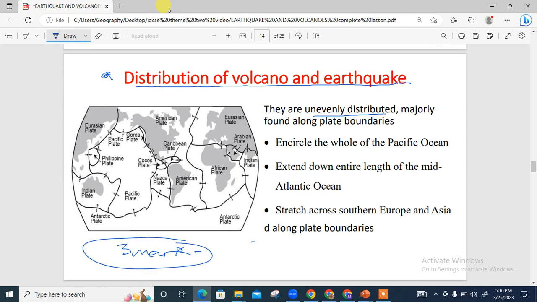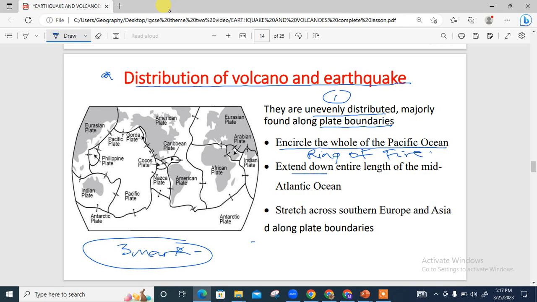First, you just write it is unevenly distributed. You've gotten 1 mark, and it's majorly found along plate boundaries. Another thing is it encircles the whole of the Pacific Ocean. So around the whole of the Pacific Ocean, you have a high concentration of earthquakes and volcanoes, and that is why it's called the Pacific Ring of Fire.